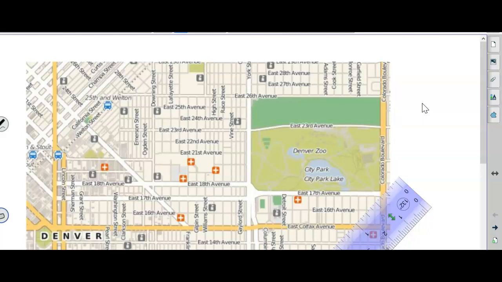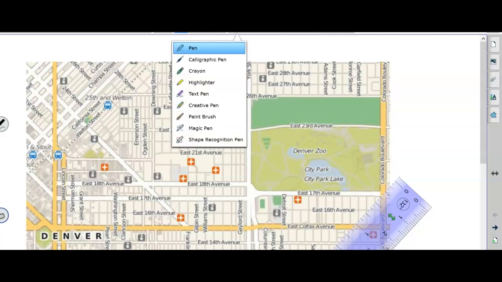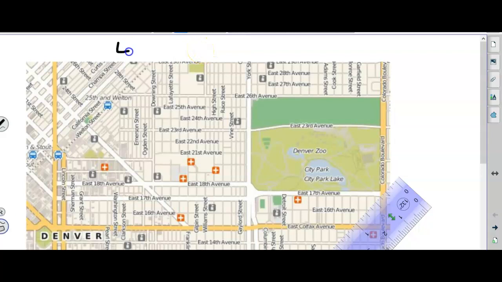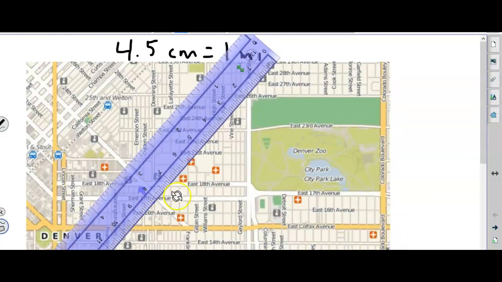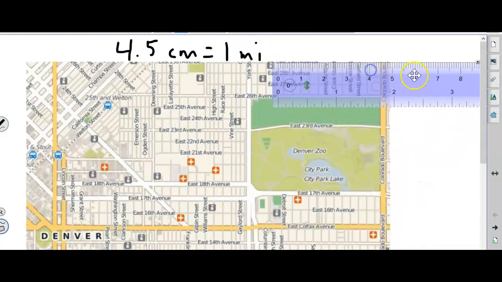And we're going to use this scale today of 4.5 centimeters equals 1 mile. Okay, so we're going to take this ruler and we are going to measure things and convert.